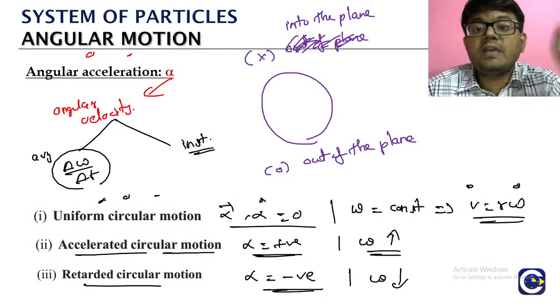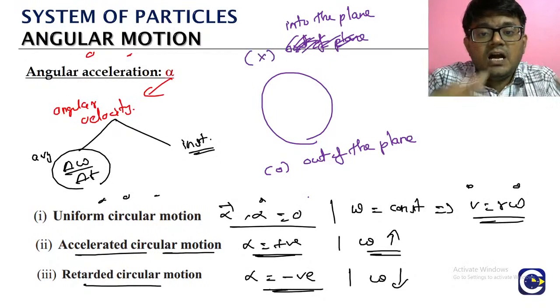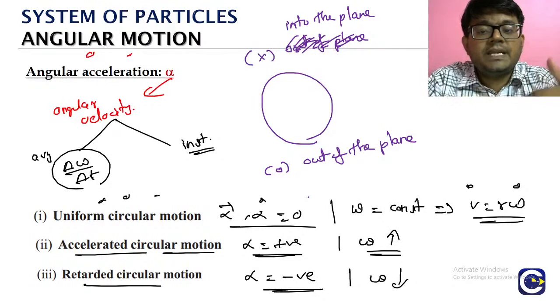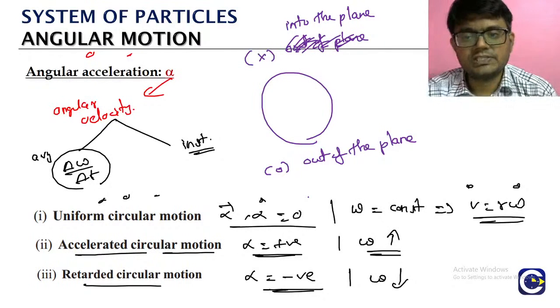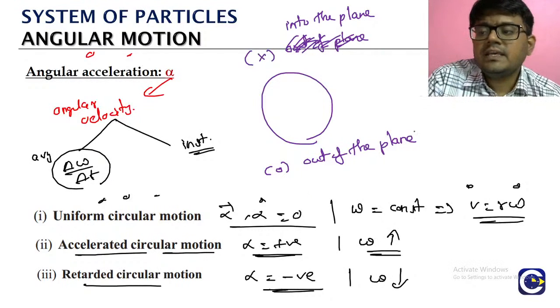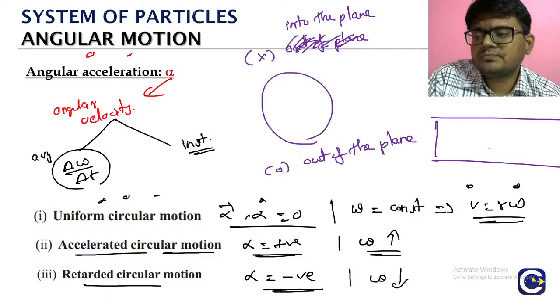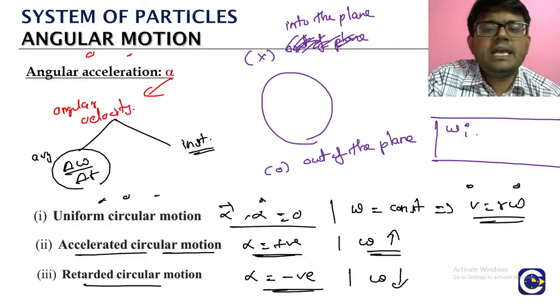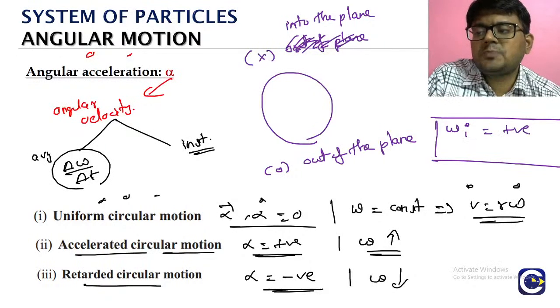So, like the way we do in 1D motion, based on a sign convention we will be able to solve the questions. If we take one direction as positive, generally the direction of initial omega I, that we will take as positive.